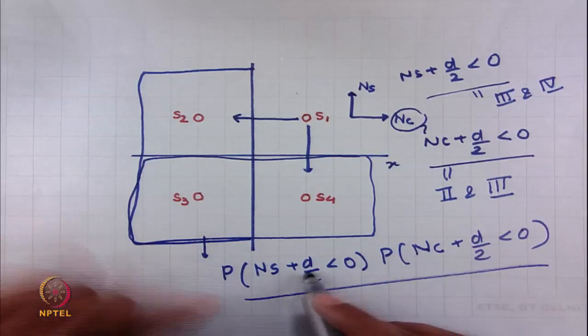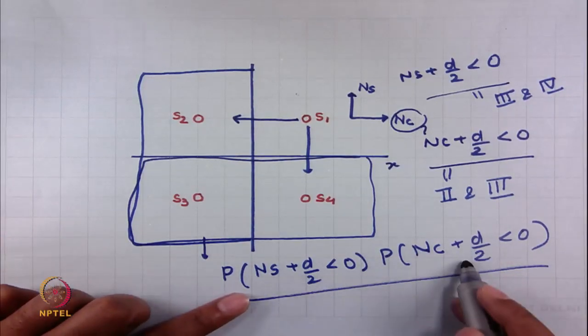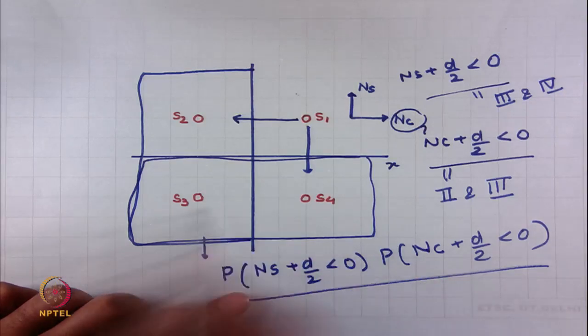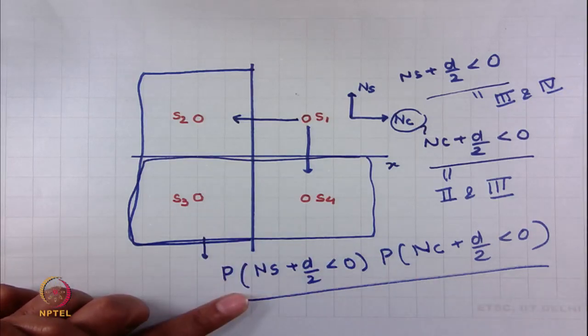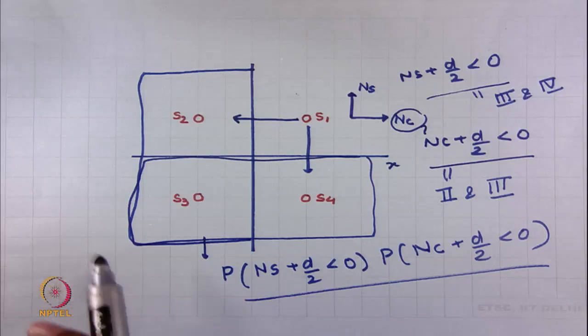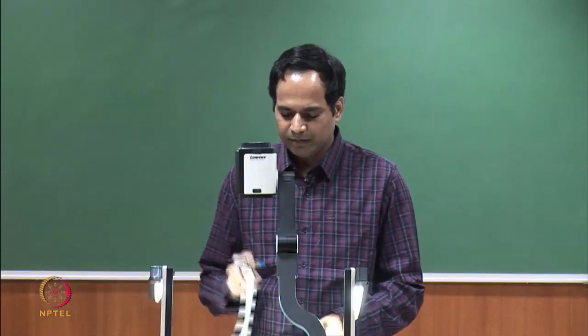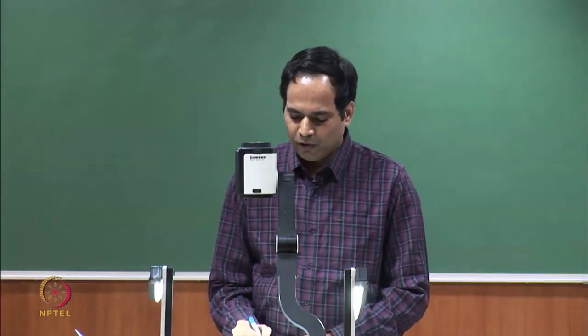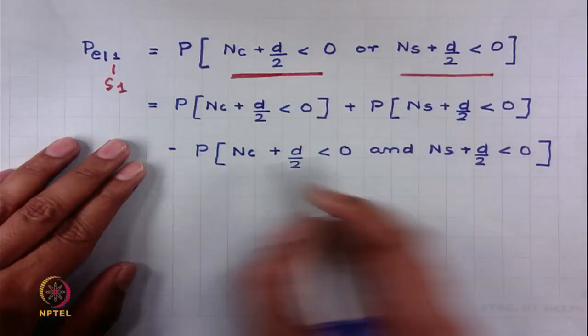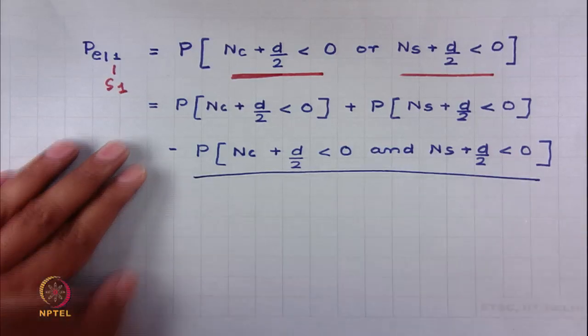When these two events happen at the same time, the received value will lie in the third quadrant. And thus, to calculate the probability of error given S1 from these two events, we have to subtract this probability.